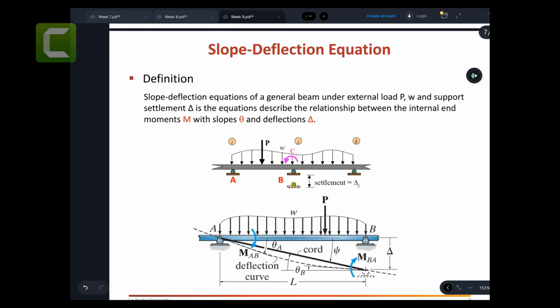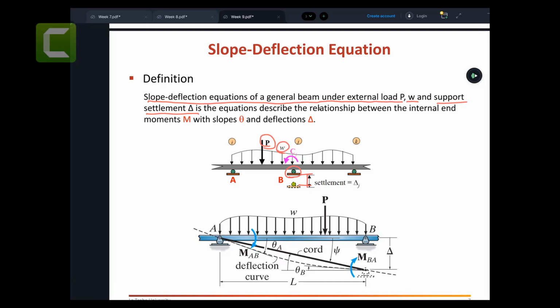Okay, let's do the slope deflection equations. Now, what are slope deflection equations? The definition is given, so let me read it word by word, and I will put more details there. The slope deflection equation is for a general beam under an external concentrated load P, a uniformly distributed load W, and a support settlement delta, so let's say this support is settled by delta.